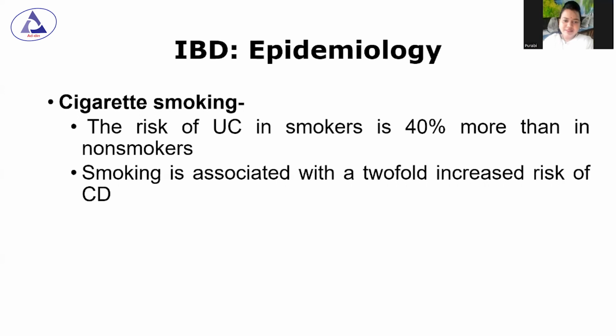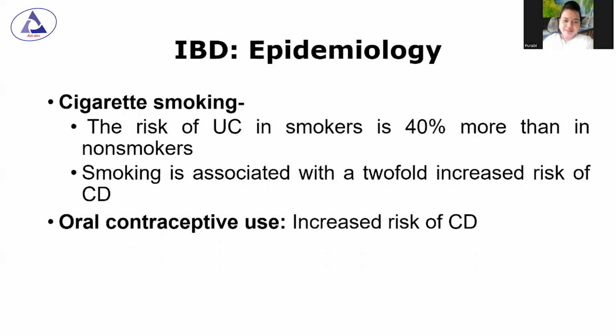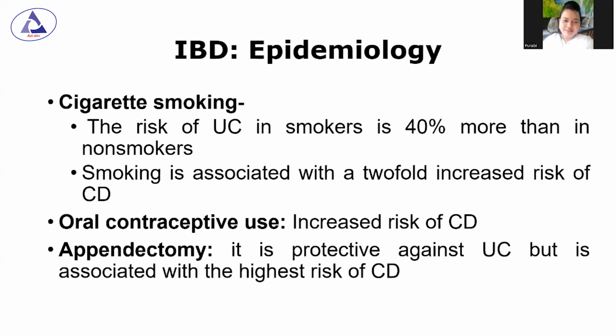Smoking is associated with a twofold increased risk of Crohn's disease. Oral contraceptive use increases the risk of Crohn's disease. Appendicectomy is protective against ulcerative colitis, but is associated with the highest risk of Crohn's disease.